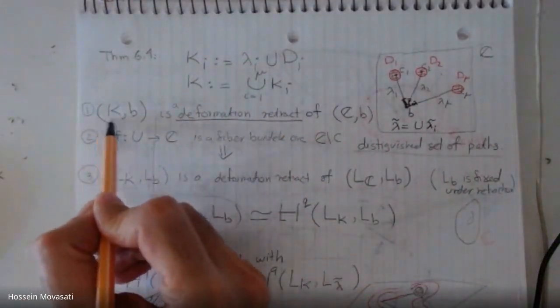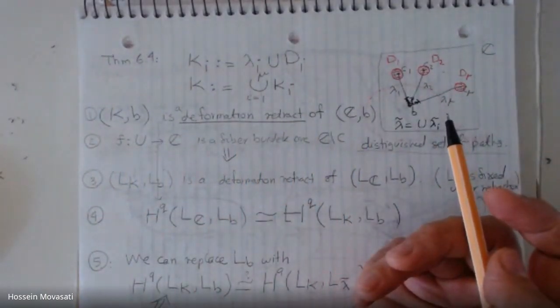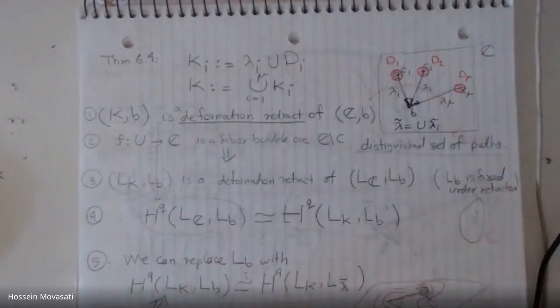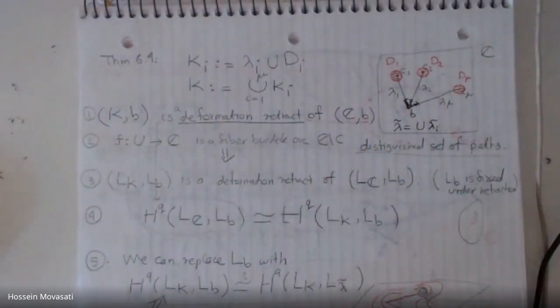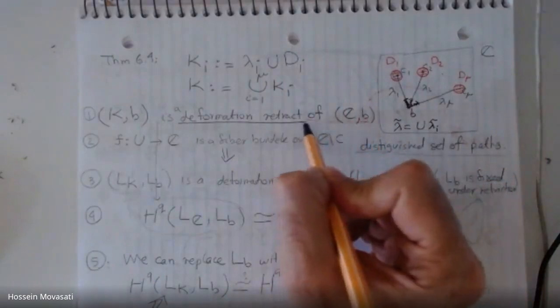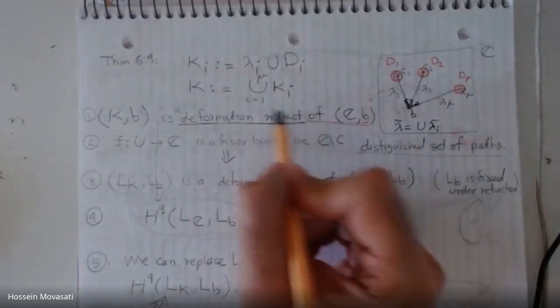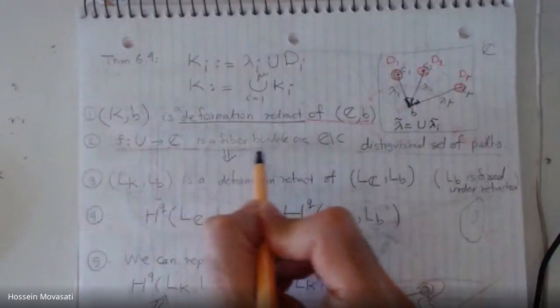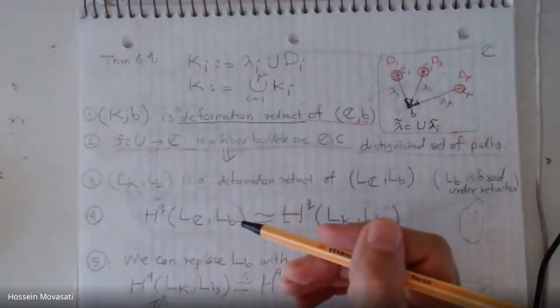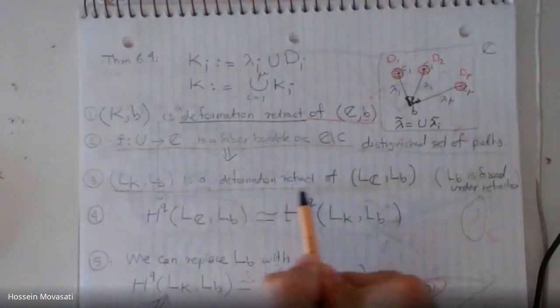And so K together with B is a deformation retract of C and B. So it is a kind of classical fact in topology that if you have a retraction and over this retraction you have a fiber bundle map, in our case we have this fiber bundle map, then this retraction can be lifted up to a retraction upstairs.